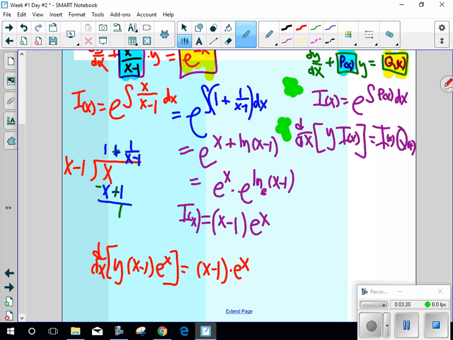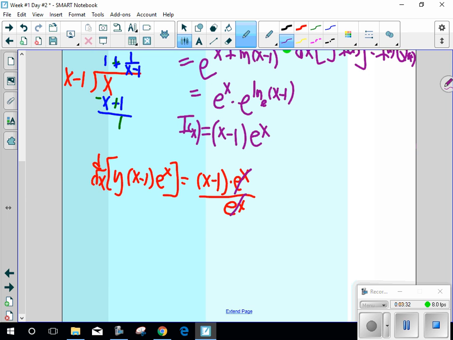And what was q(x)? e to the negative x, or just e to the x in the denominator. Why is that such a good thing? Because those cancel out. And so now we get d/dx of y times x minus 1 times e to the x equal to x minus 1.